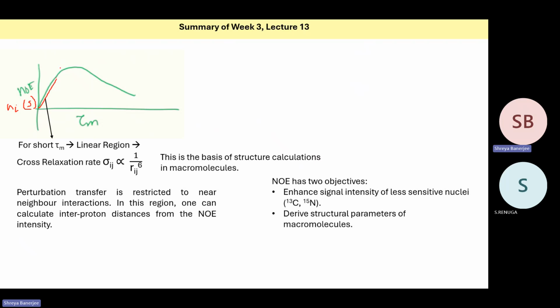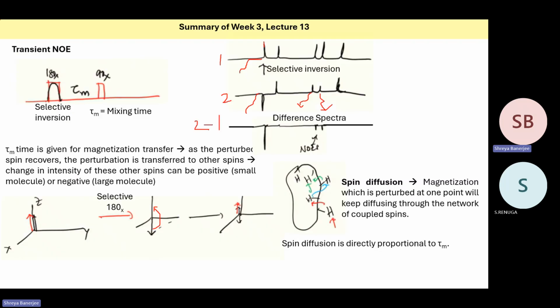So we generally consider up to this portion, and if we take this approximation, what we have written as sigma ij, you can again write as NIS. These are just different ways to write the same thing. It is directly proportional to 1 by Rij to the power 6, so the distance between the two hydrogens that are interacting to the power 6.